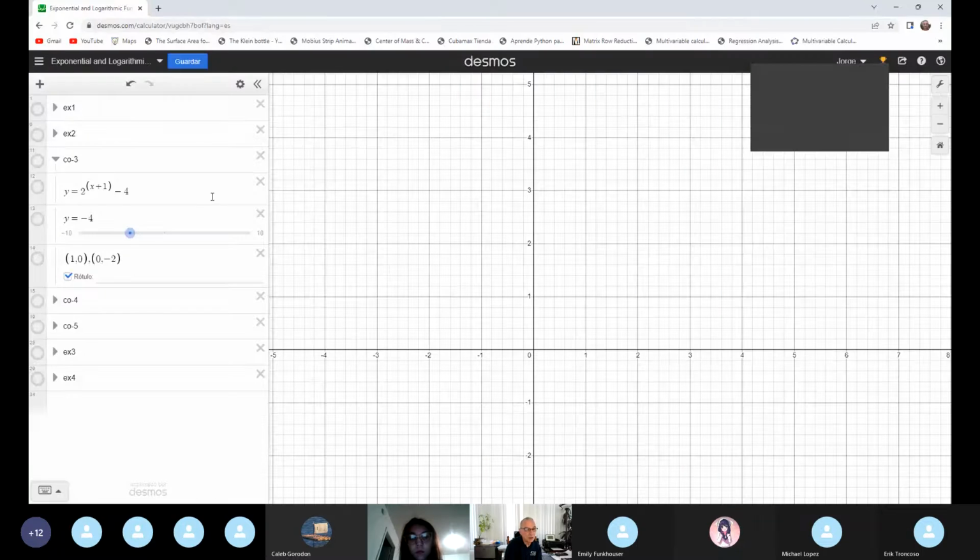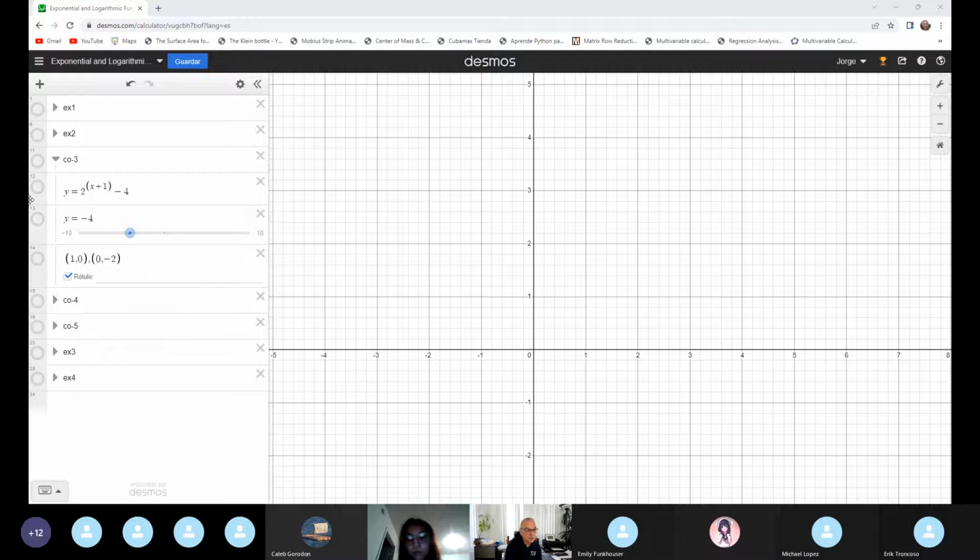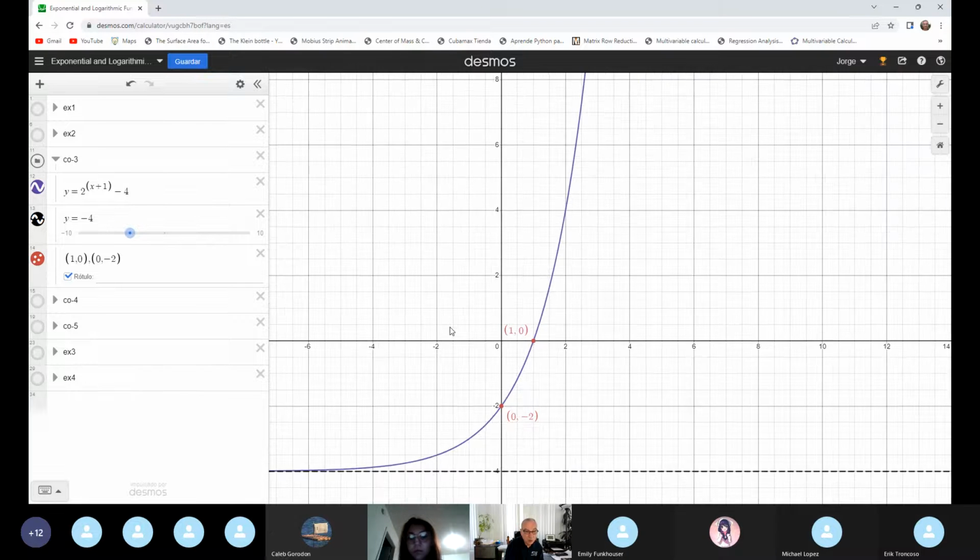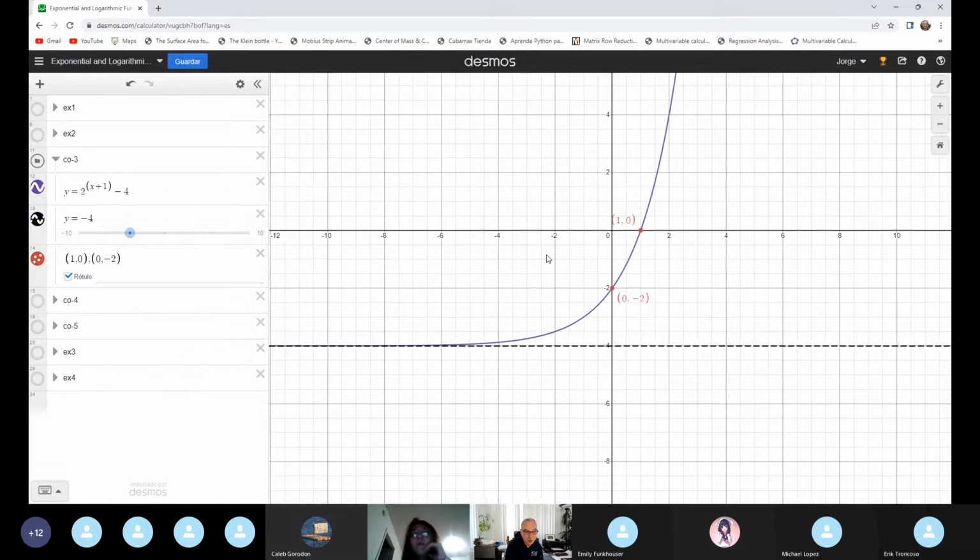I suppose that you copied the values in your notebook, no? Do you see Desmos? Yes. Okay, now the graph is like that. Boom. Very confusing. Okay.